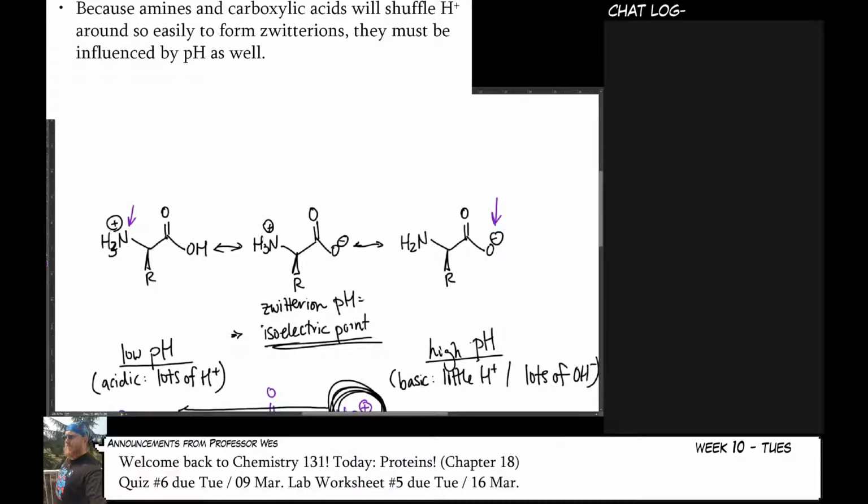And that zwitterion will pop up at a specific pH, and that pH is called the isoelectric point.